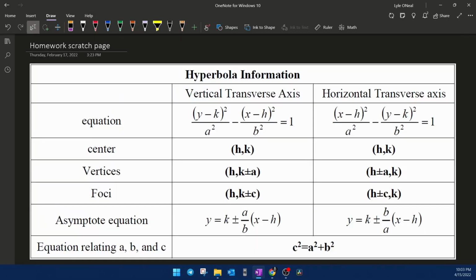If we scroll up to the hyperbola information sheet, notice that for a vertical transverse axis, the x-coordinates for the center, vertices, and foci are all h, which would indicate that they all have to be identical. And so this means this is the formula we're shooting for. This is the standard form that we're going to be using.